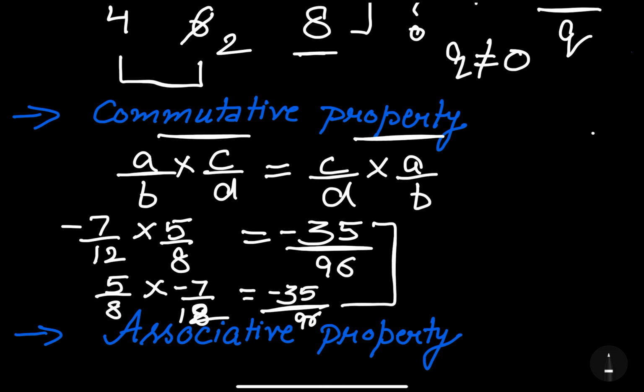So this means which property do we verify here? The commutative property. You can use any pair of rational numbers, you will get the same answer. If we multiply two rational numbers in any order, the result will always be the same. This property is the commutative property.